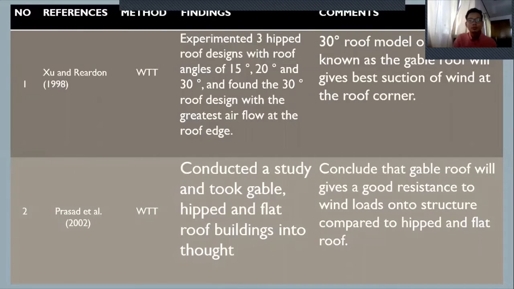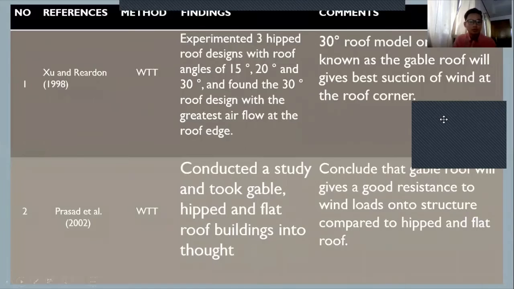My comment on this article is that the 30 degree roof model is also known as the gable roof, because most gable roofs use an angle of 30 degrees. The 30 degree roof model will have the best suction of wind at the roof corner.